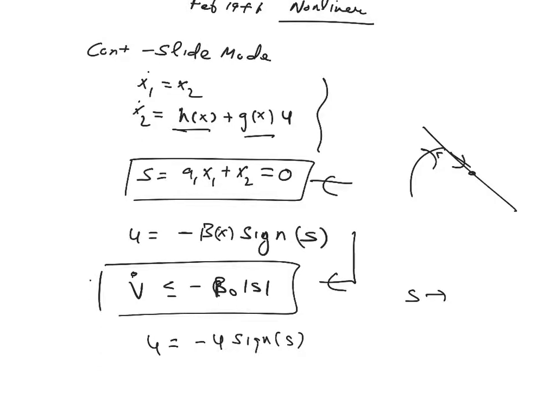So there is a lot of chattering, and that chattering will increase if you add noise to the system. Let's say some of your states are noisy, you don't have perfect knowledge of the state, then also there will be chattering. Okay, so how do you reduce chattering?